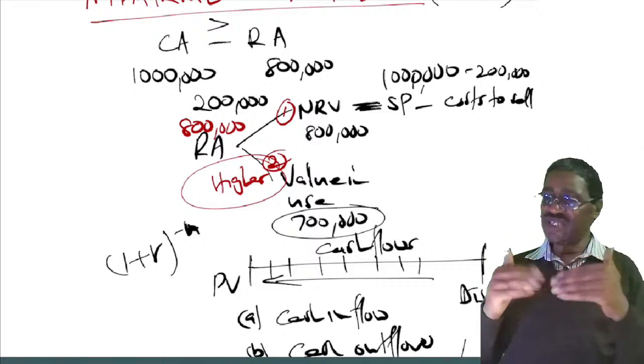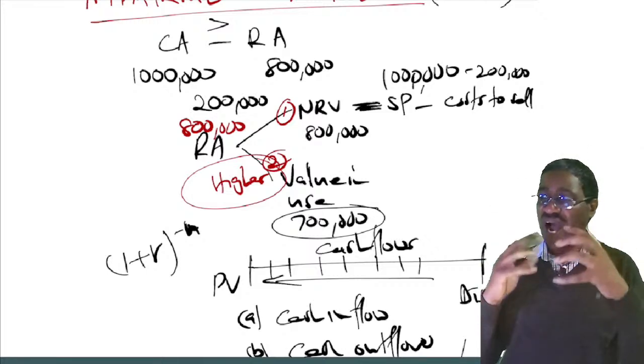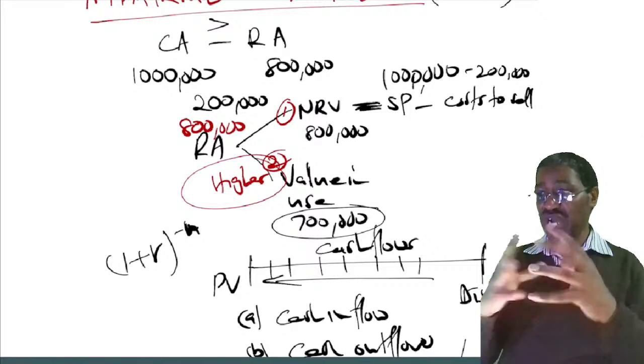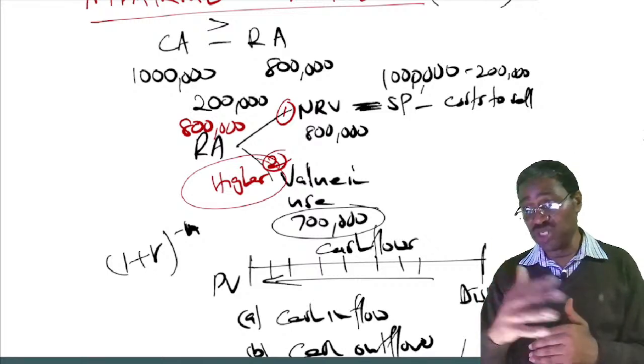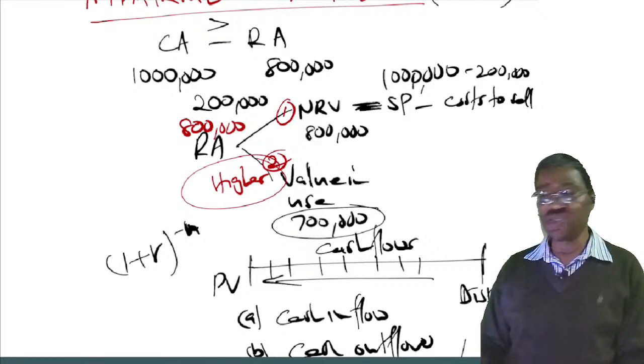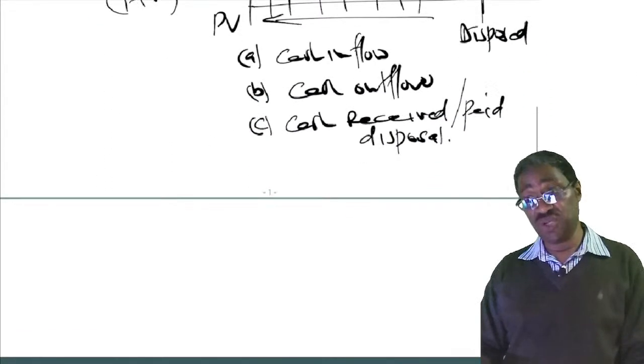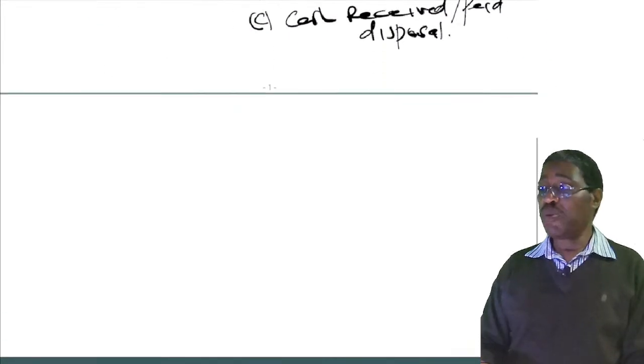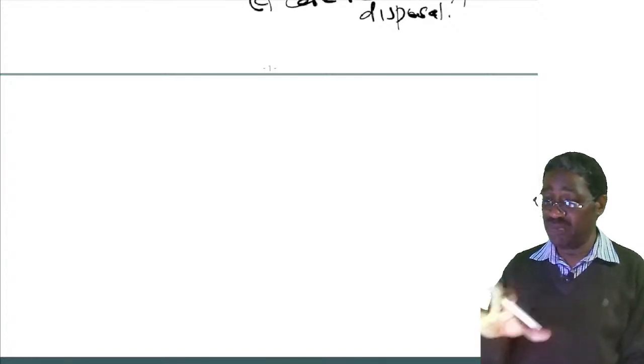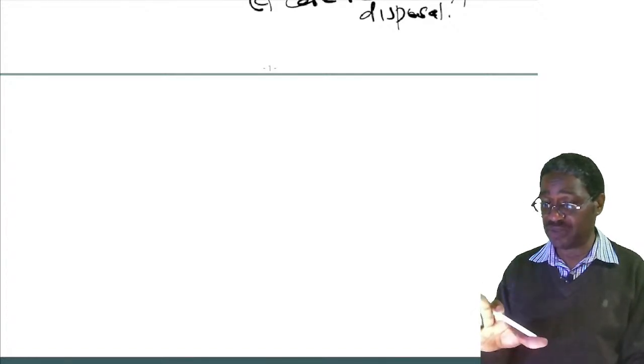B2, they are testing you on impairment of a cash generating unit, which I'll remind you of first before we do it. But of course, now that we are revising, you should be aware of how to deal with a cash generating unit. But before we do part B2, let's do B1.